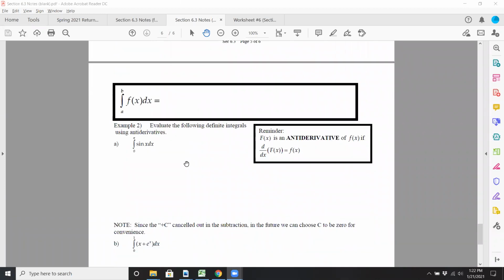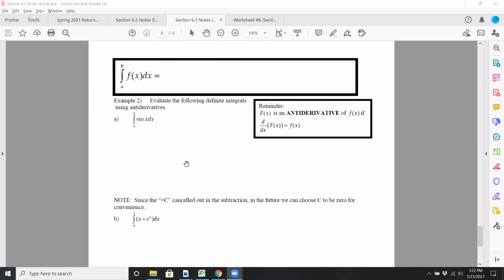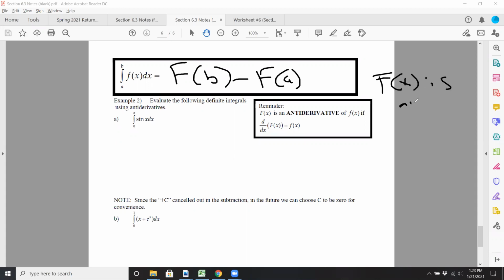To state this more generally and then do some practice, let's look at the next page. When you have the definite integral of f of x dx from a to b, you can say it's the same thing as saying this. I'm using a capital F instead of lowercase f, where capital F is any antiderivative of little f of x.